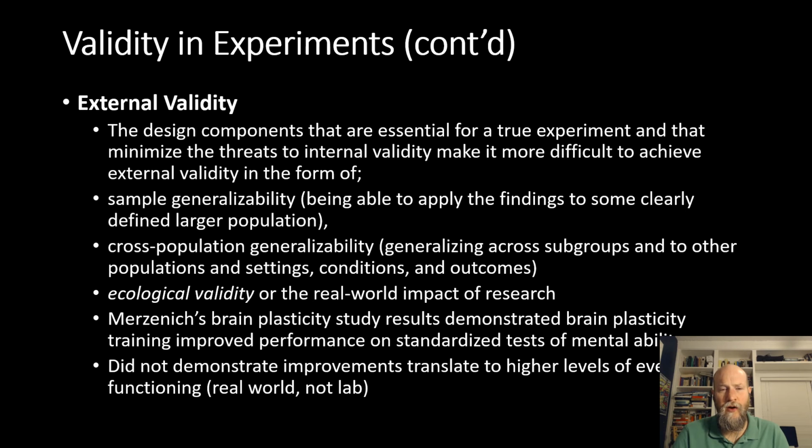But ultimately, statistically they did find a difference. But when you look at the actual effect size, the real practical impact that it made, it didn't really amount to any significant improvement in everyday functioning of cognition. It was statistically significant, but it was not practically significant. So it works in the lab, but it doesn't have as much of an impact in the real world.